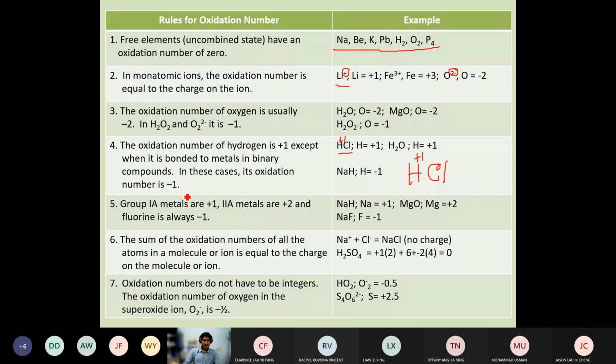So if it is with group 1 elements like sodium, potassium, cesium, hydrogen will always be negative, -1. That means hydrogen is taking an electron.